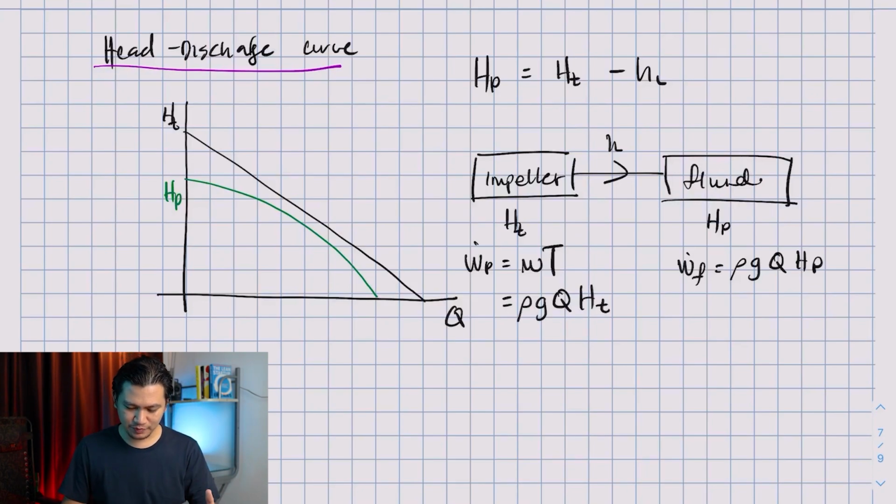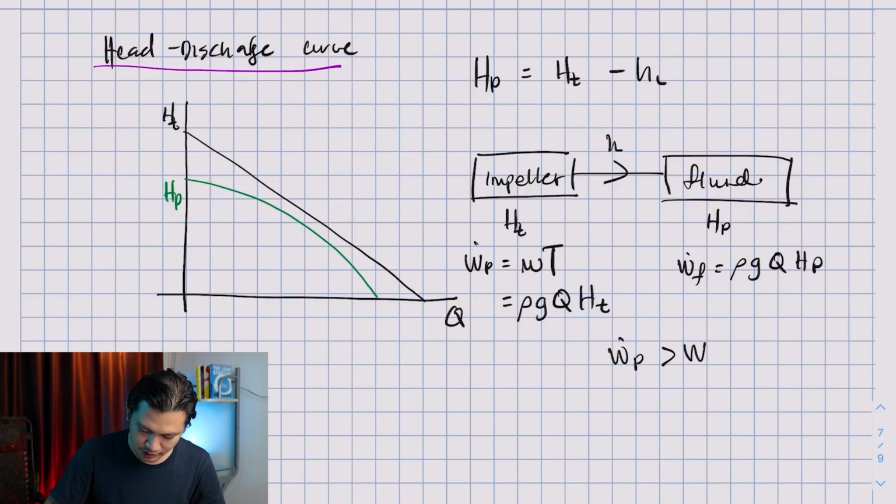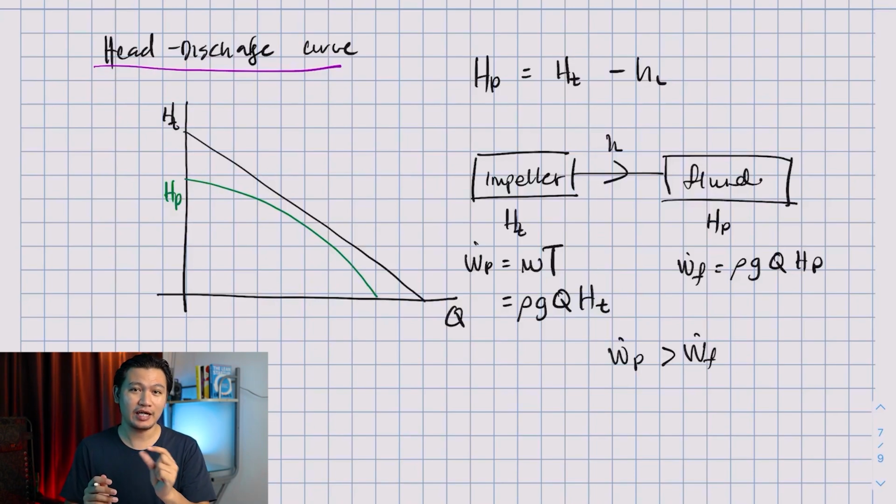You can expect that because a little bit of energy has been lost during the energy transfer between the impeller and the fluid, the power at the impeller is always going to be higher than the power transferred to the fluid. And the balance is actually the head loss.